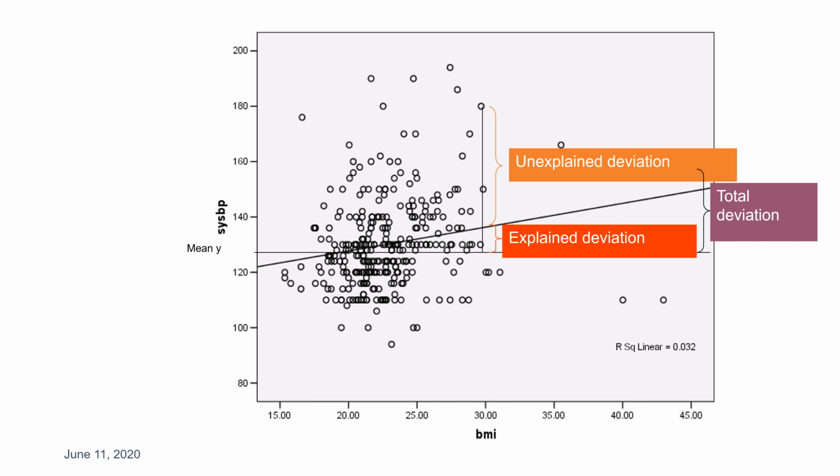This diagram shows how BMI is attributed to the deviation of systolic blood pressure from the population mean. You can see, ideally, as per the concept of regression towards mean, everyone should have a blood pressure which is equal to this population mean. But many of them deviated from this population mean. What could be the reason? One of the reasons is BMI.